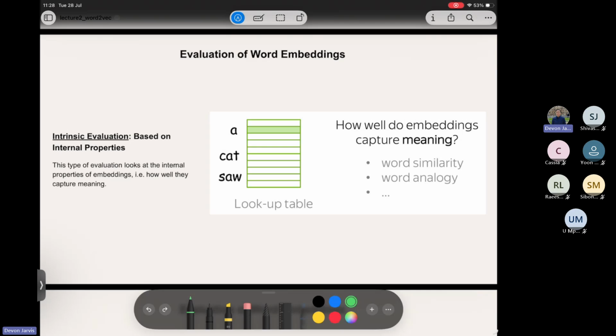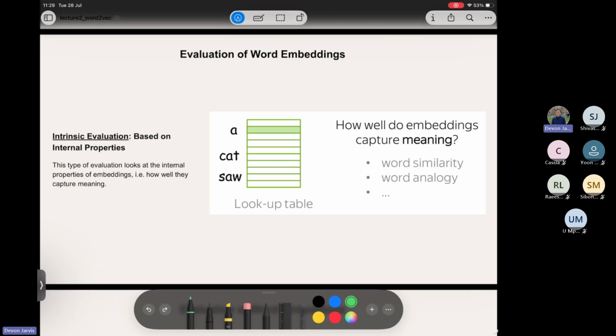Let's see what happens. Okay, and so a big aspect of this class, NLP in the modern day, and I think the people who are good at this are the kind of people who can also walk into a company and make a big difference, is how you actually evaluate these models, right? So there's 2 types, extrinsic and intrinsic evaluation. Okay, so intrinsic evaluation is when you do your evaluations based on just the internal properties of the model.